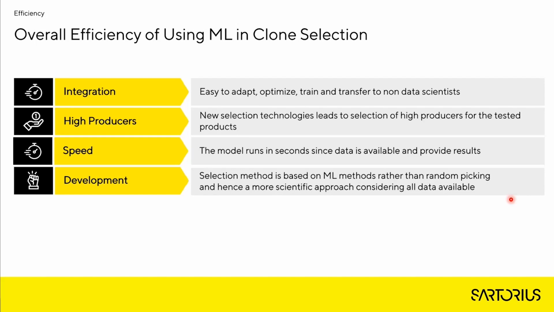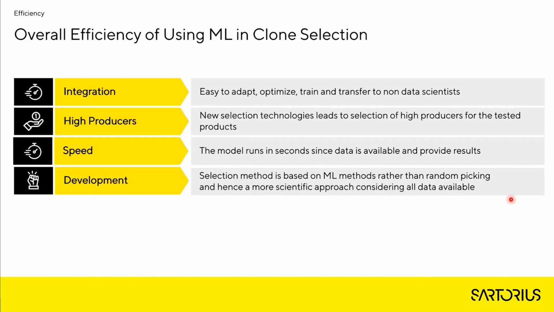Integration-wise, as I mentioned, it was easy to adapt, optimize, train, and transfer to our scientists in the lab, who are non-data scientists. The advantage of the new selection technology is that it leads to selection of high producers for the tested products that we had.